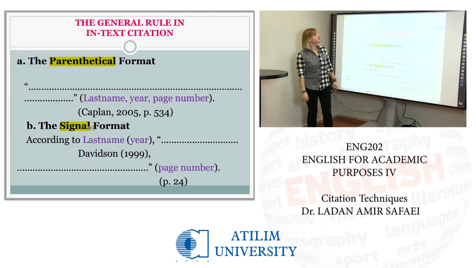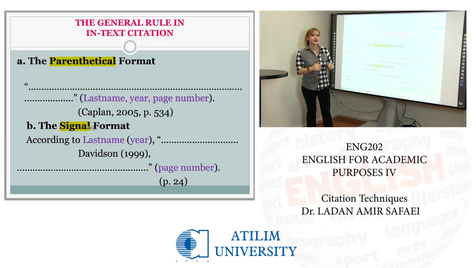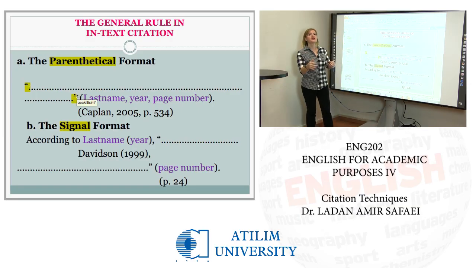In parenthetical format, all the information needed to attribute the work to the original writer is the last name of the author, the year of publication, and the page number of the source that you are going to use. And how do we do it? Because it is a direct quotation, you use quotation marks to begin and end the information that you have taken from another writer.